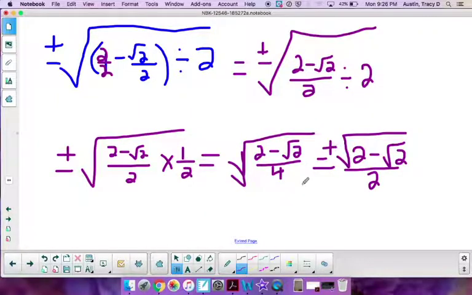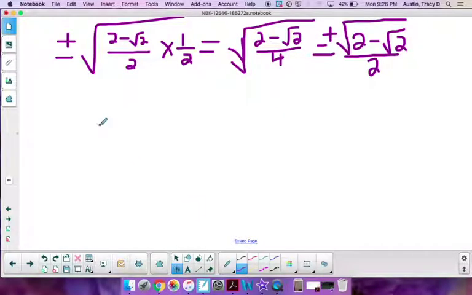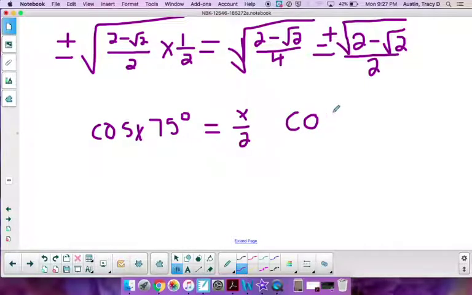Let's say we were doing the cosine of 75 degrees, okay, and we're using specifically a half angle for this, right? So it's basically half of 150. So the angle that we would use in our formula is the cosine of 150 degrees.